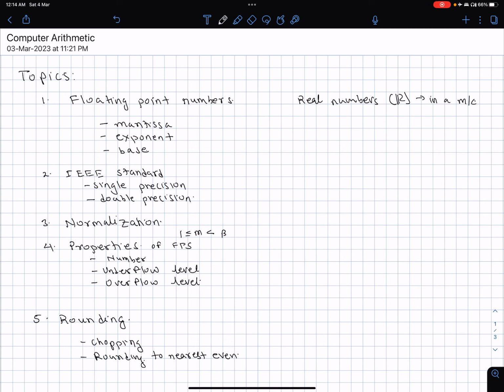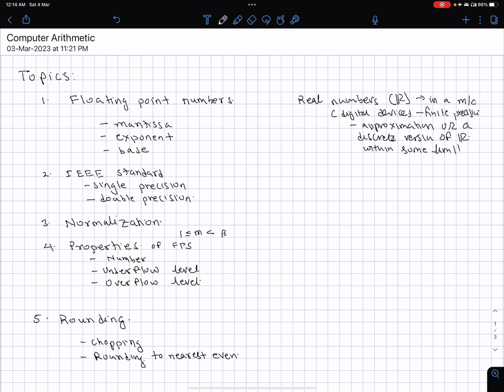And a machine or a computer, because it is a digital device and has finite precision, can only represent an approximation or a discrete version of R, and that too within some limits, the lower limits and upper limits.